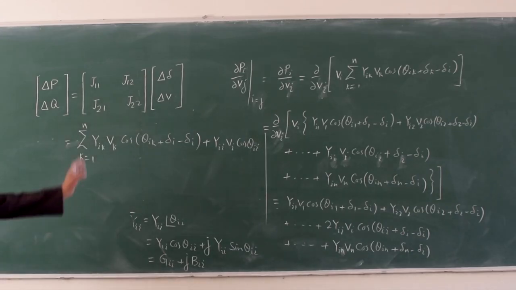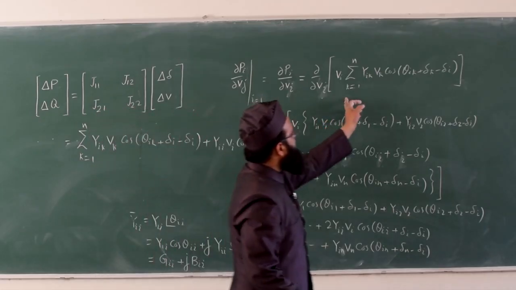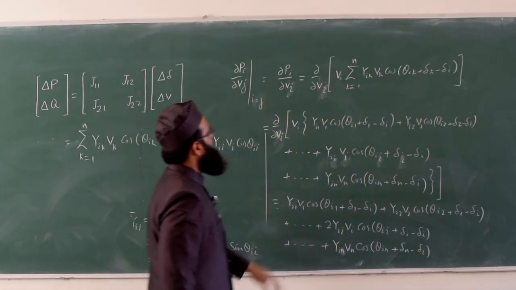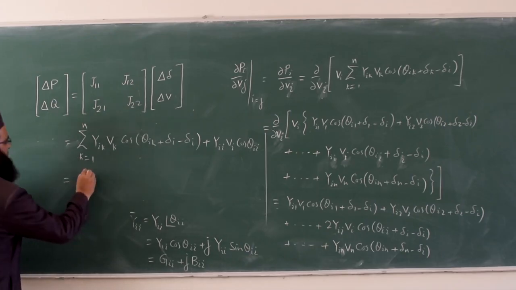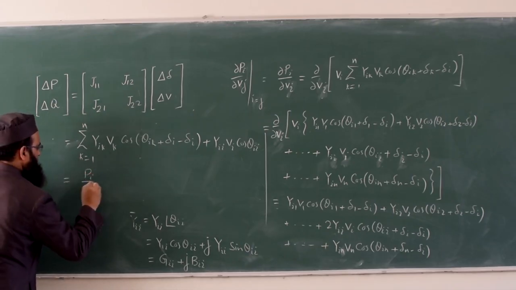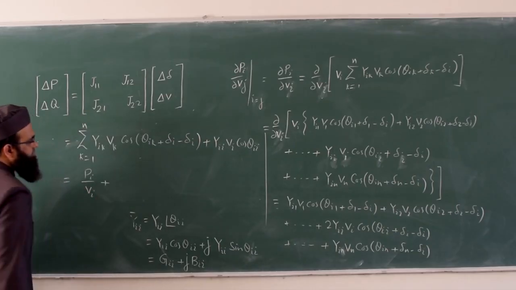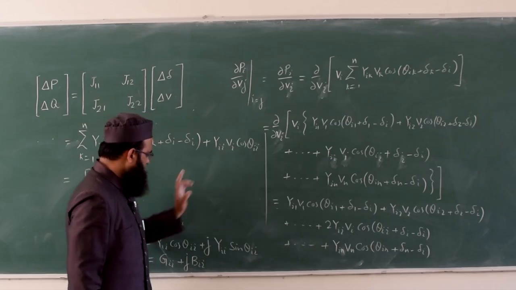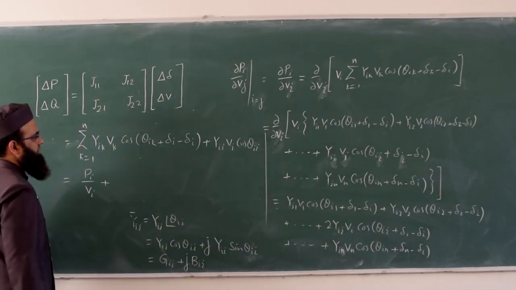See the equation of Pi. These terms are exactly the same as these terms except Vi. So, this we can write Pi upon Vi plus Yii cos theta ii. See here, Yii cos theta ii can be written as Gii.